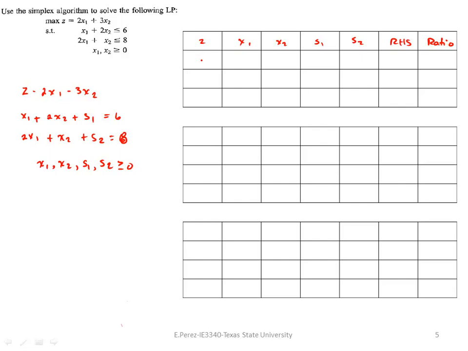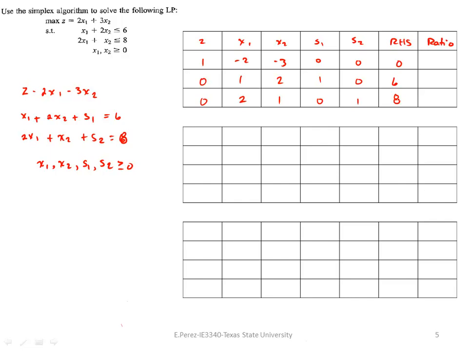And you start with 1, minus 2, minus 3, 0, 0, 0; 0, 1, 2, 1, 0, 6; 0, 2, 1, 0, 1, 8. Okay, does that make sense? Any questions about how to set up the first table?